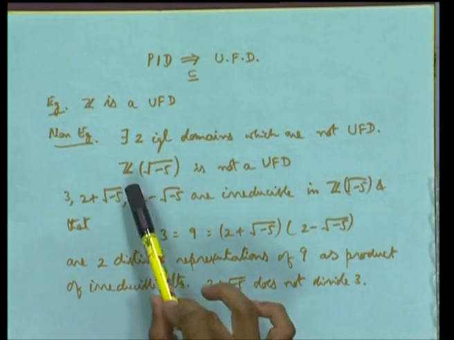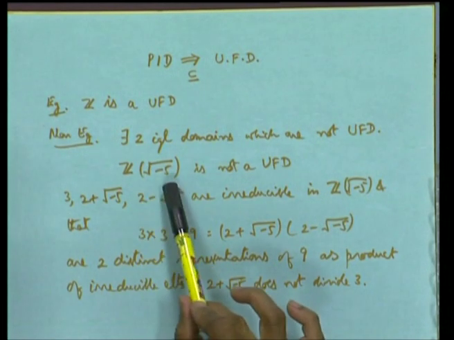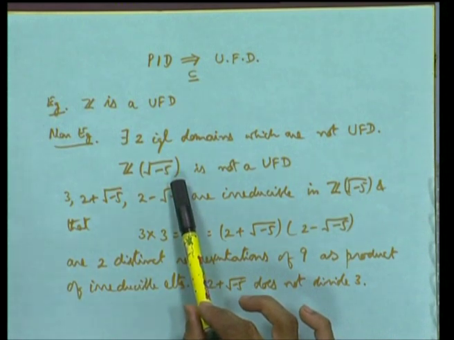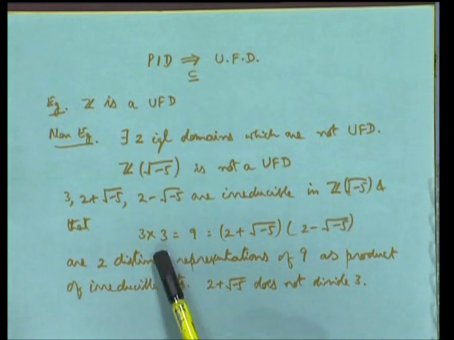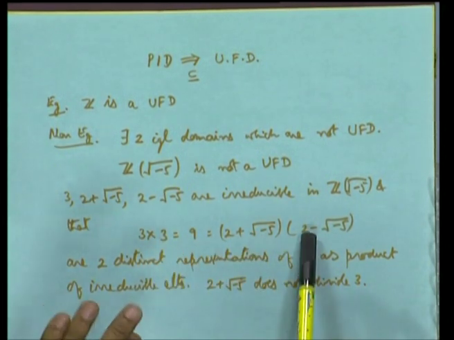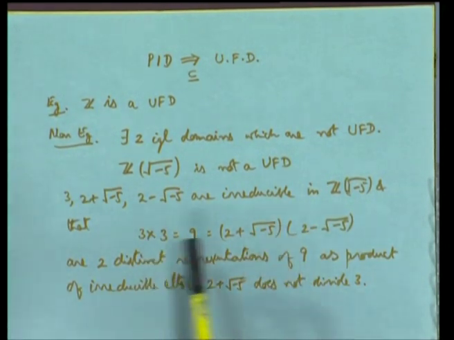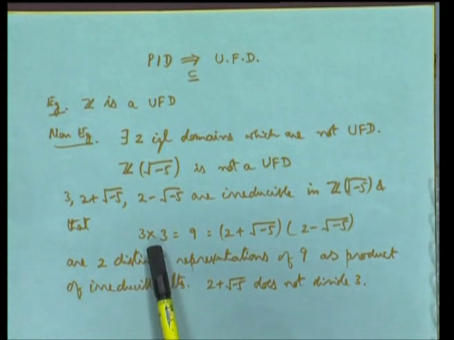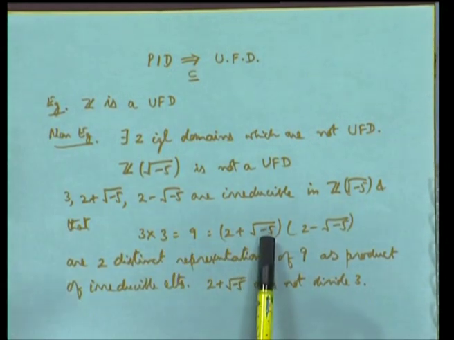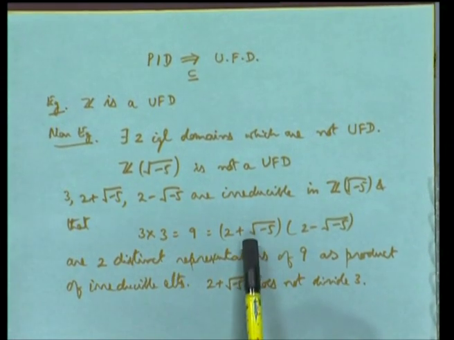For this Z[√-5] to become a UFD, every non-zero non-invertible element should be uniquely factorized into product of irreducible elements, and such that these factorizations should be equivalent up to order and associates.